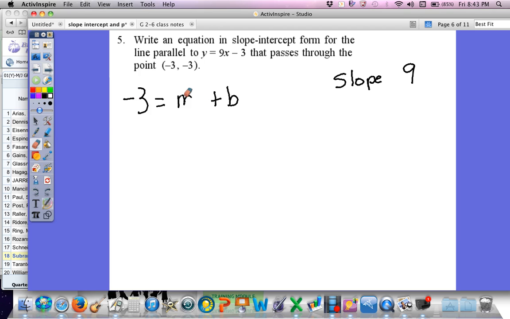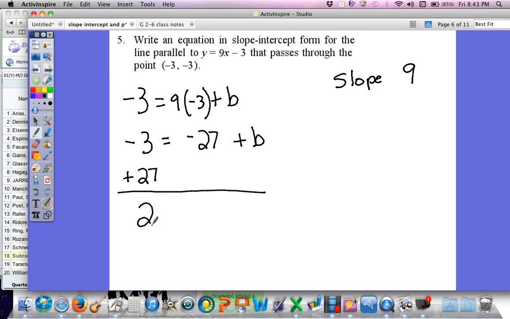X, I'm going to resolve this, is negative 3. The slope is 9. And then I need b. So negative 3 equals negative 27 plus b. When I add 27, I get positive 24 equals b. So the equation that is parallel to this is y equals, once again my slope is 9x plus 24.